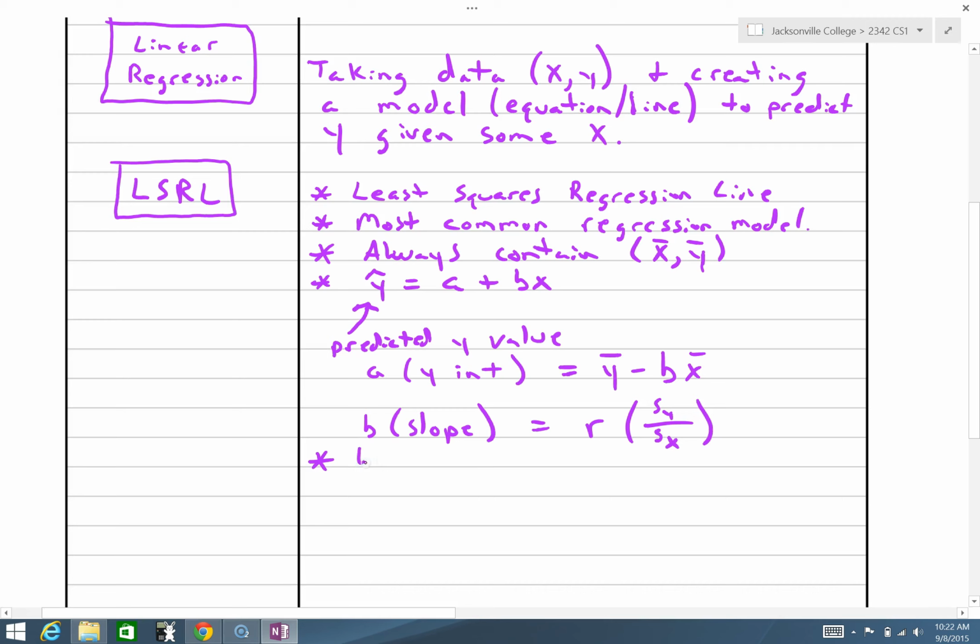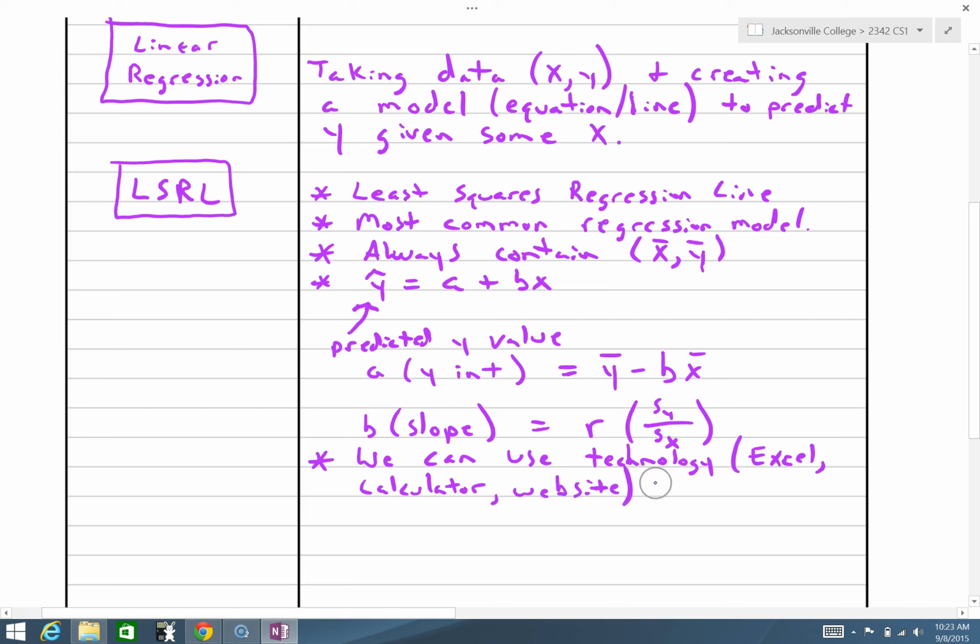We can use technology, and by technology I mean an Excel spreadsheet, a calculator, or a website to find this line.